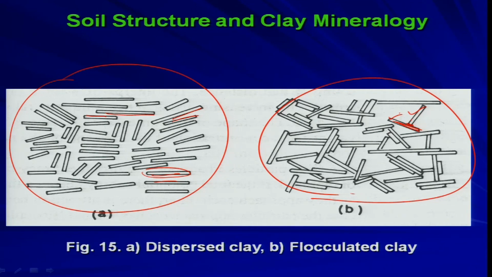Similarly, most of the times you will get edge to face configuration in a flocculated structure. However, you may get edge to edge or face to face configuration; here you are getting face to face, whereas somewhere else you will get edge to edge configuration.